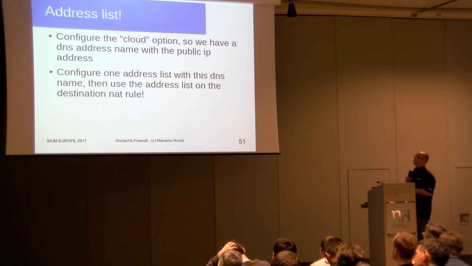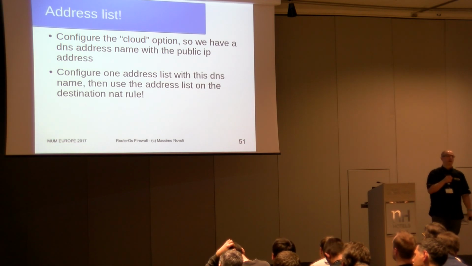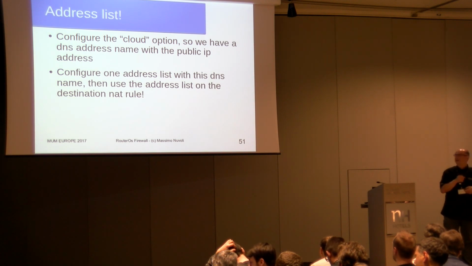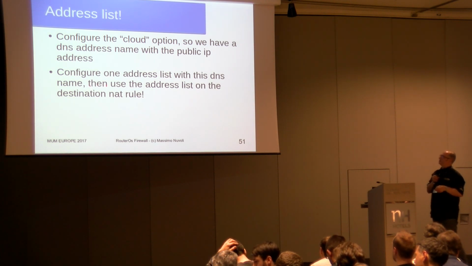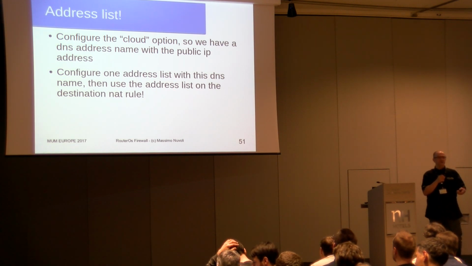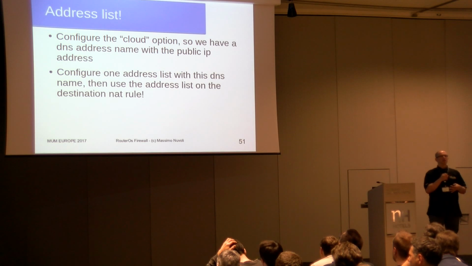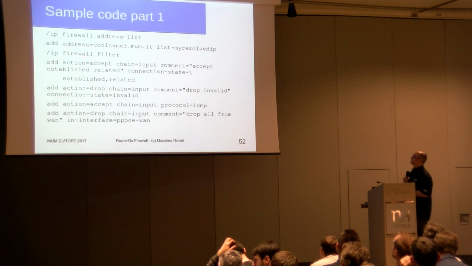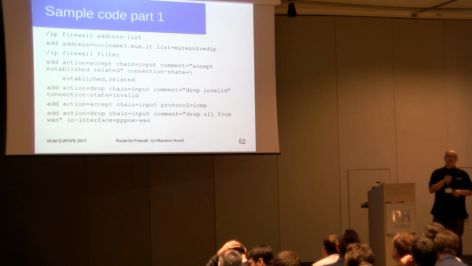You can use the cloud function of RouterOS. So the device registers on the network and has a DNS name. Then use the public name in the address list to map the destination NAT change. We can see it then. This is the start.